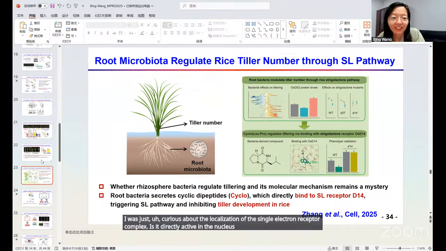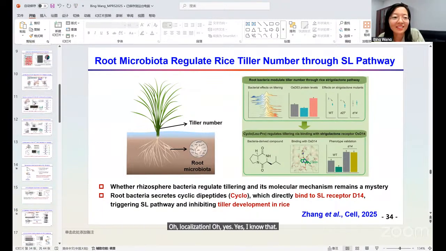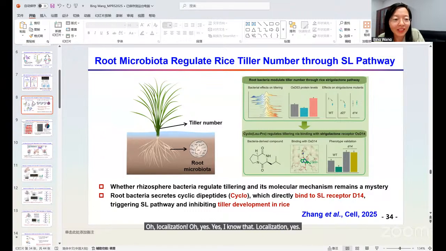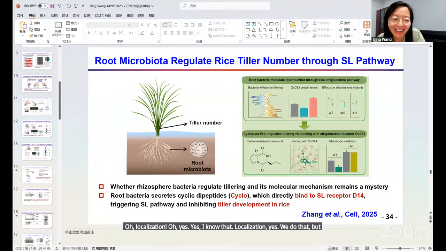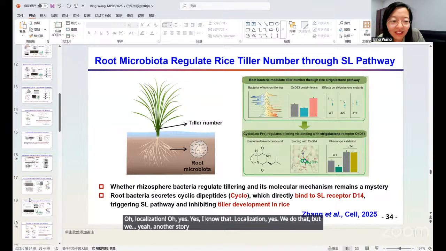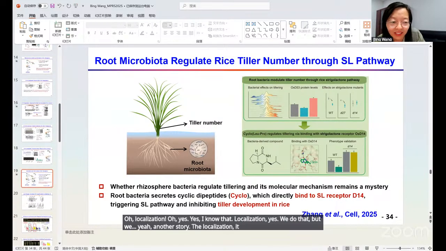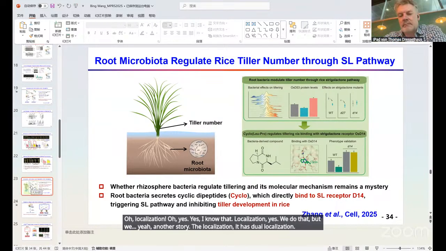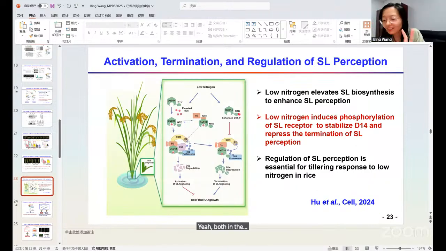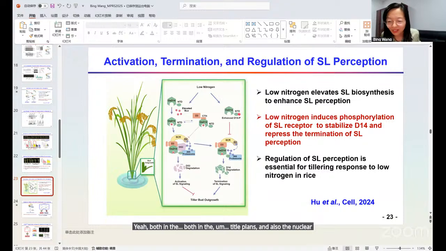Oh, yes. We do that, but that is another story. The receptor has dual localization, both in the cytoplasm and the nucleus, and it can transfer.